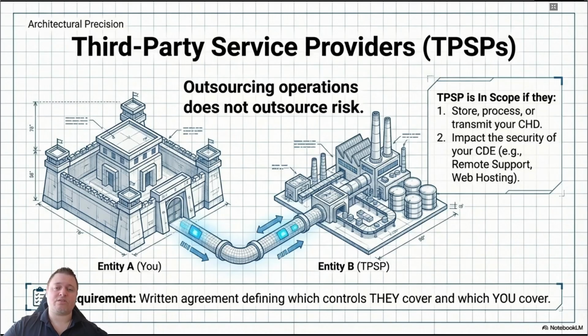They're technically in scope because they have access to it. Anybody, anything, anywhere, if they have access to it, in scope. Now, a written agreement needs to be defined on who controls what, what you control, what they control. It needs to be all documented, so that if something happens, you have documentation.